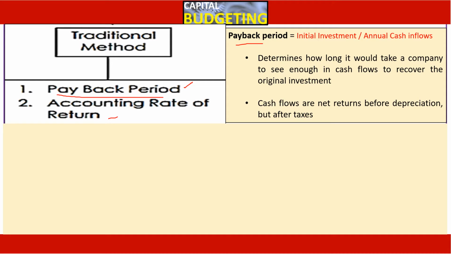What is payback period? For example, you invest rupees 2 lakhs and your annual cash flow is 1 lakh. Means with the annual cash flow, we can repay the entire investment within 2 years, which is nothing but 2 lakh divided by 1 lakh.